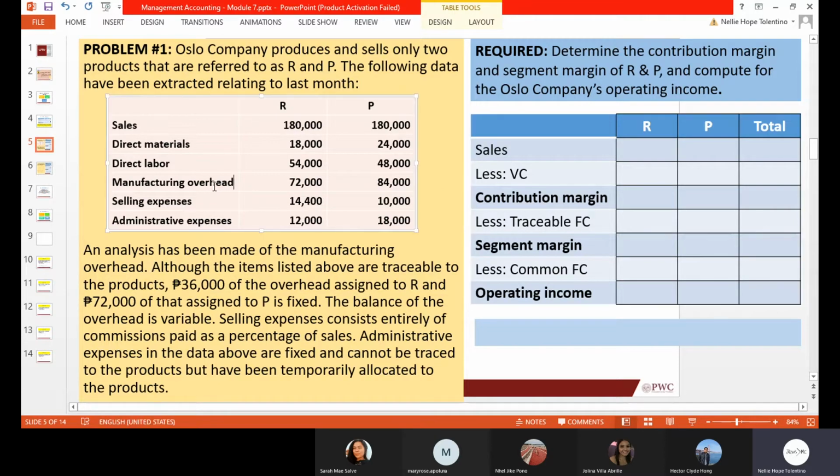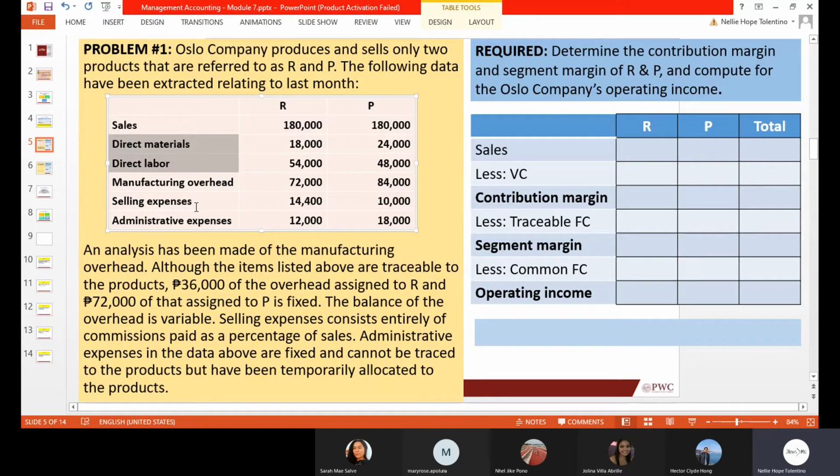Yan, MOH. Kapag ganyan ang MOH mo, tapos ito yung gusto mong makuha, yung variable cost and fixed cost, magkakaproblema ka because manufacturing overhead can either be variable or fixed. That's why the need for this further analysis. Itong DM and DL, you won't have a problem anymore because ano ang sabi ko?